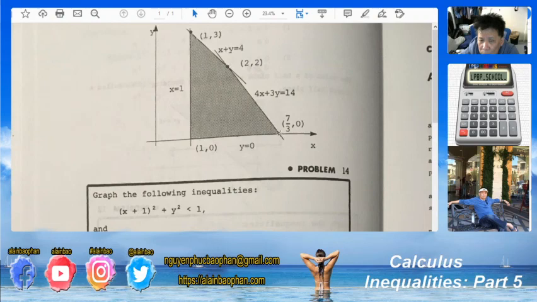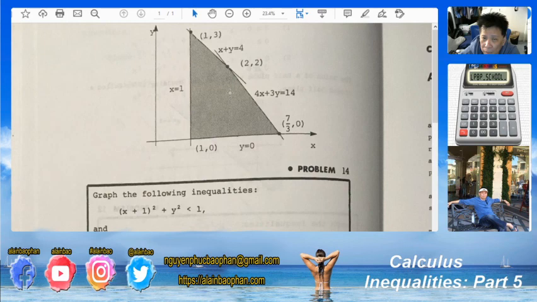So we connect this point to this point. You get x plus y equal 4. But we need x plus y less than or equal 4. So this straight line, x plus y equal 4, has two parts, the right part and the bottom part.